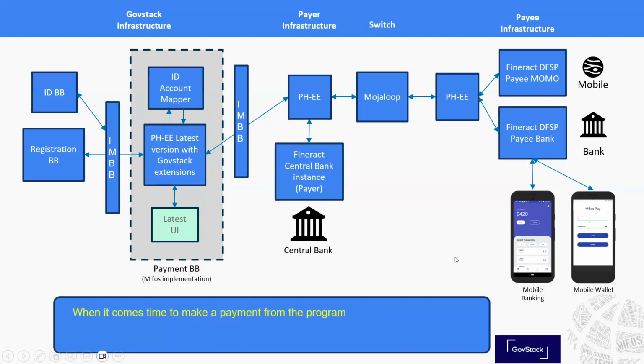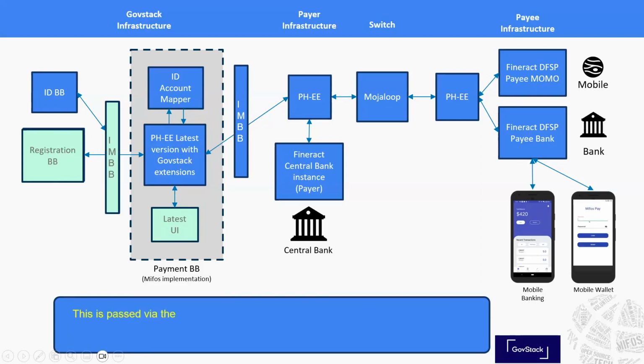Now we are entering the part where we talk about the scenario of bulk payments, for example. Let's say payments have to be made together to 4, 5, 6 beneficiaries at one time. The registration building block will prepare the batch file against the functional IDs for which the payments have to be made, with the amount.